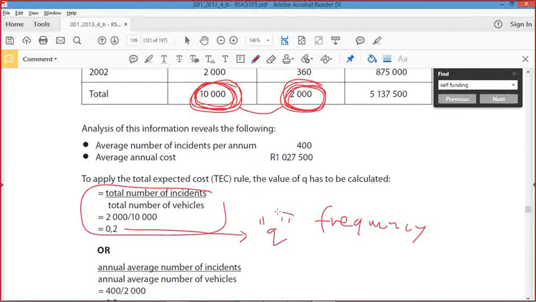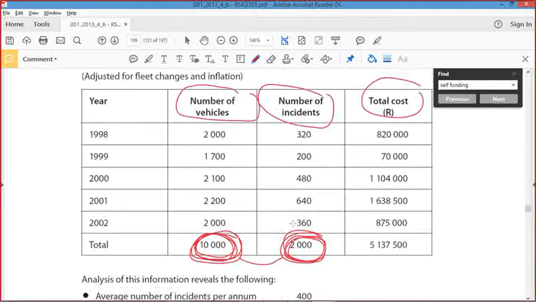Yes. Alright, so Q is how frequent that particular event occurs. If I'm looking at the years from 1998 to 2002, of the 10,000 vehicles that we've got over those years, we've had a total of 2,000 incidents or accidents. Does that make sense? Yes.